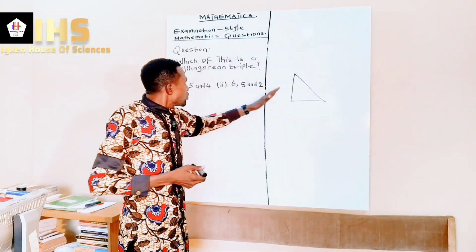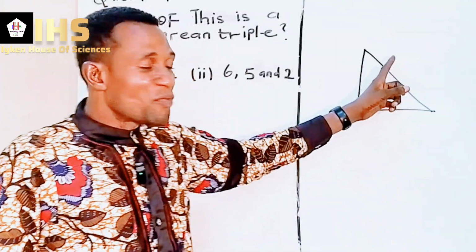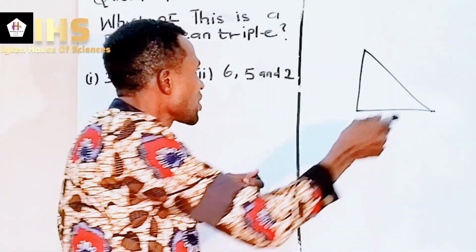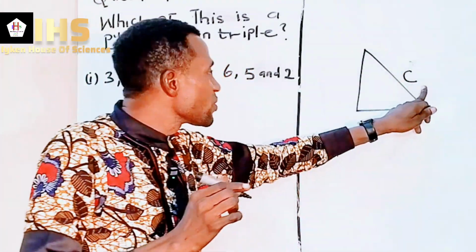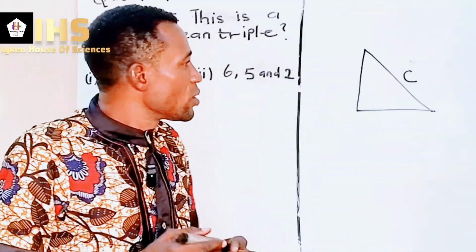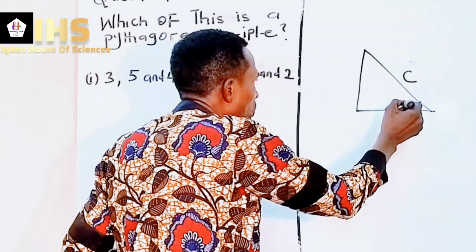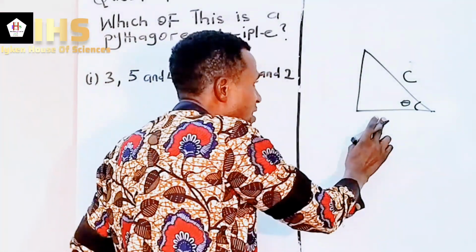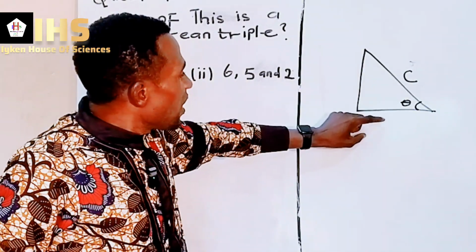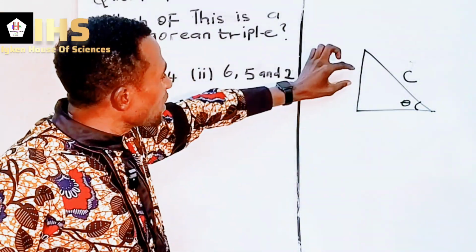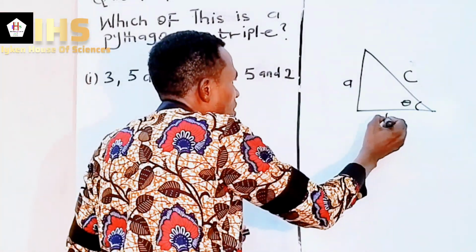Pythagoras' rule states that the square of the hypotenuse, let's say C, is equal to the sum of the squares. If here is opposite and here is adjacent, let's say here is A and here is B.